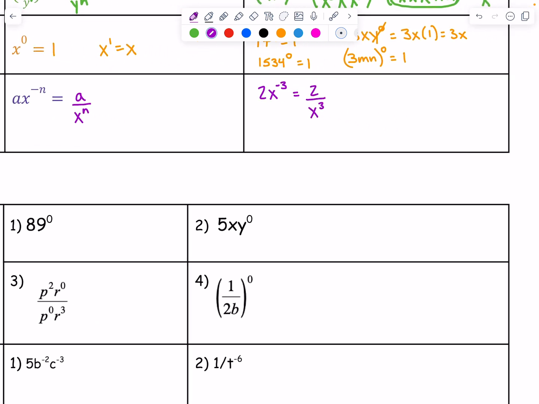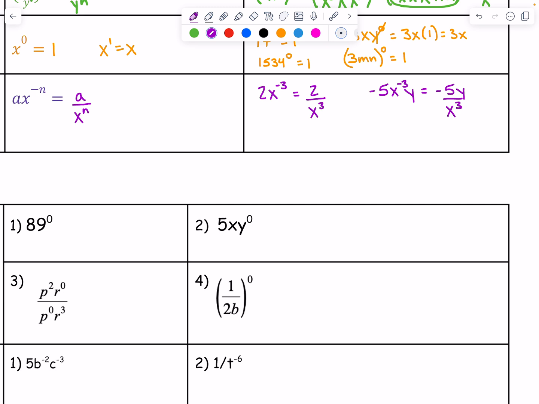So let's look at a few more examples. Like if I have negative 5x to the negative third power times y, I just need to move the x to the denominator because everything else is not affected by the power of negative 3. Only the x has that exponent, so it's the only part of that expression that needs to move to the denominator.